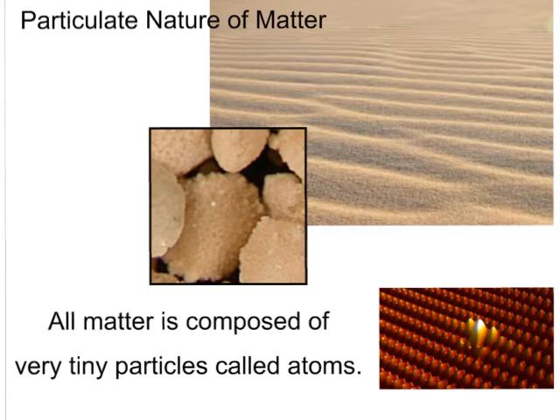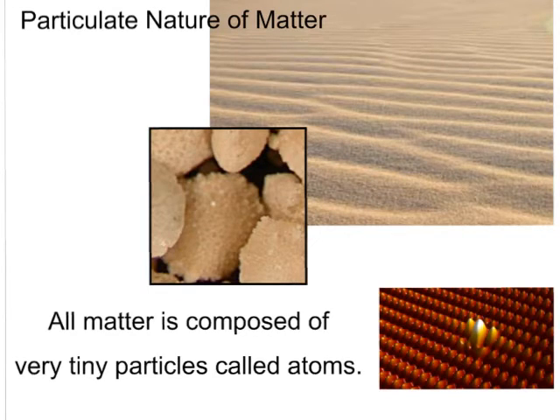Another important quality that matter has is that it has a particle nature. So this is kind of a fancy way of saying that, particulate nature of matter. If we look at this nice big space full of sand, that's a lot of matter there.